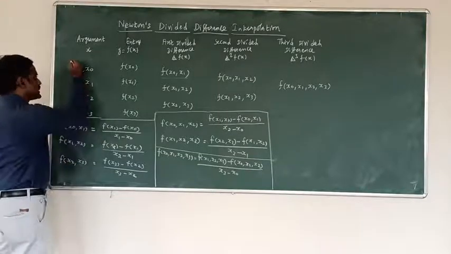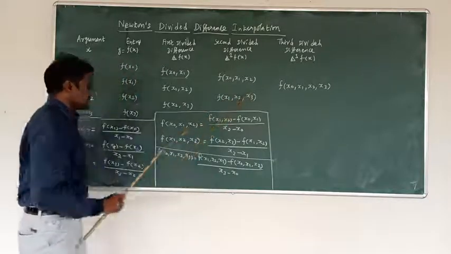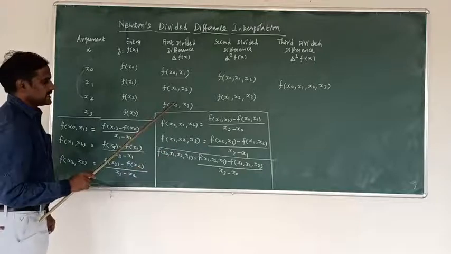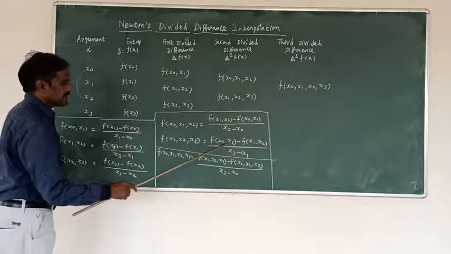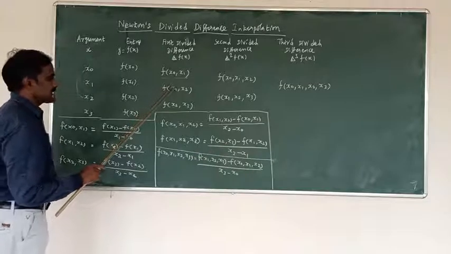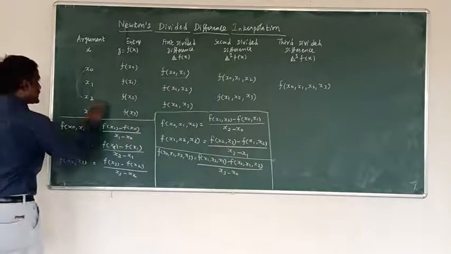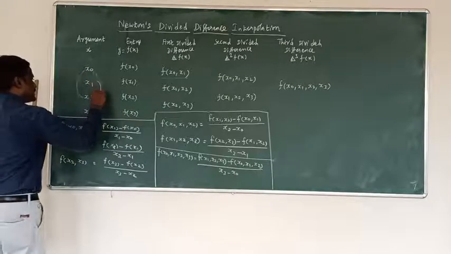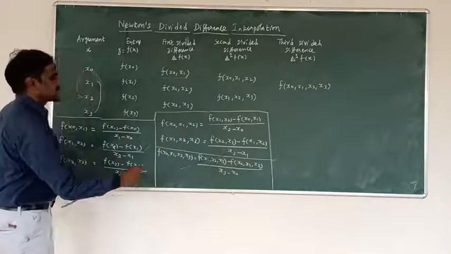Next, f of x1, x2, x3 equals f of x2 comma x3 minus f of x1 comma x2 divided by x3 minus x1.